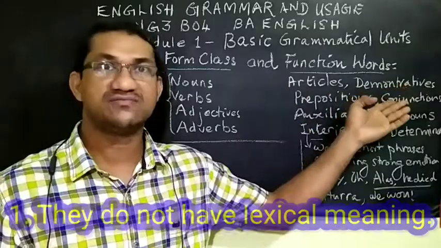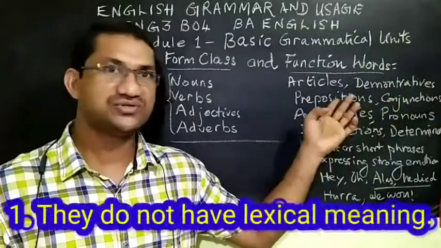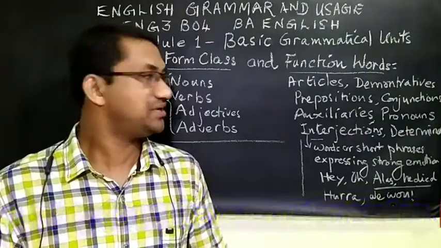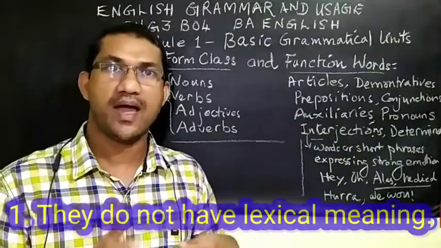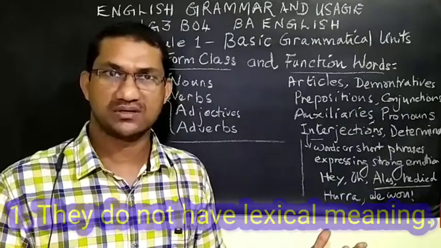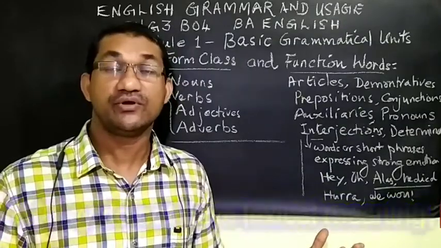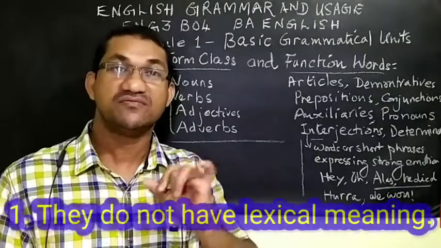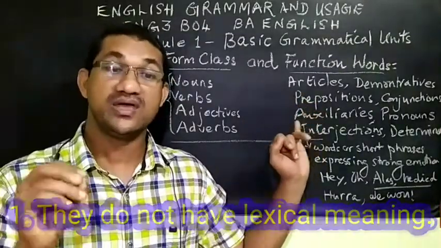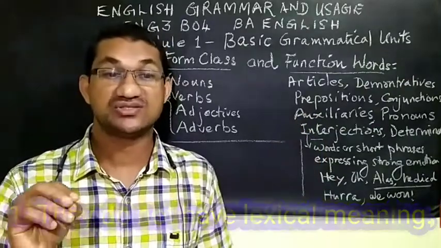Whether it is a demonstrative, that, this, or a preposition, on, in, we don't get a clear lexical meaning. Alright, auxiliaries again, is, are, was, were, would, could, may, might, we don't get a clear meaning. So the first feature of function words is they do not have lexical meaning.